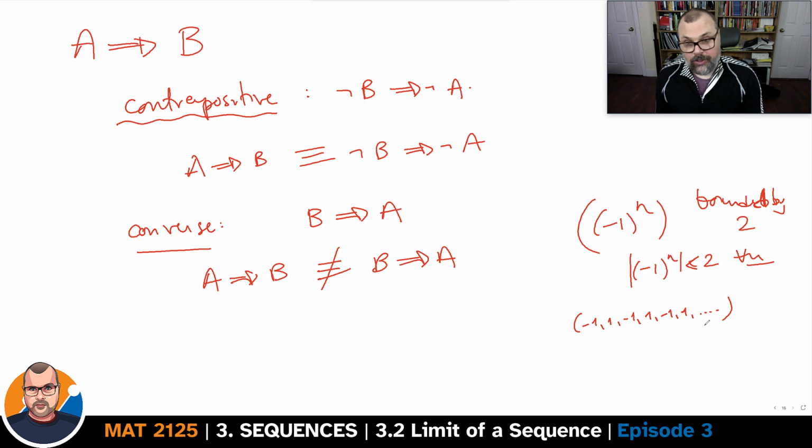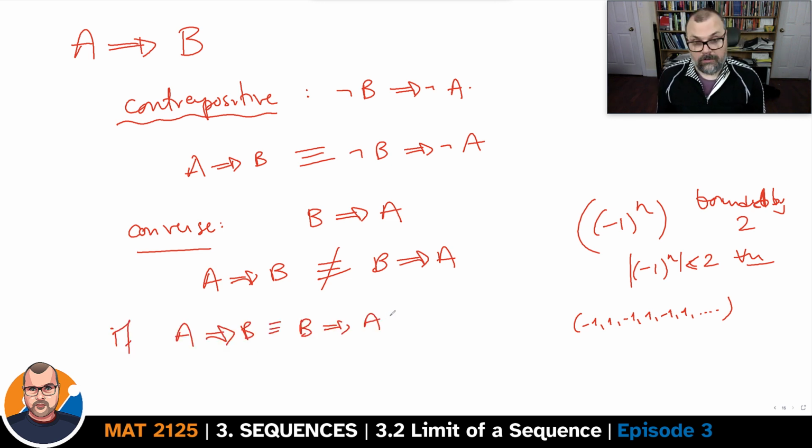Statements for which A implies B is equivalent to B implies A are if and only if statements. That's not saying the same thing. If and only if statements, you are literally saying that a statement is true and that the converse is also true. So you have to be on the lookout for these things.